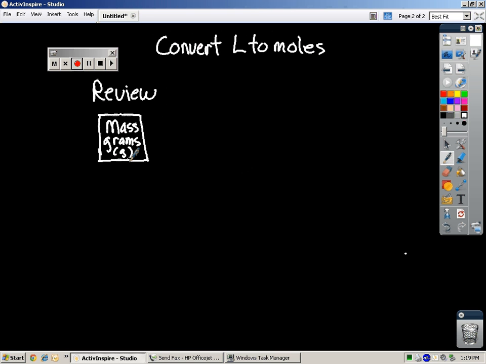To moles. That's the first thing that we converted things to, moles, or MOL. Now notice, I'm going to have the arrow go both ways because you can convert things from grams to moles, but you can also convert things from moles to grams, can't you? So I'm going to put an arrow, and it can go either way.